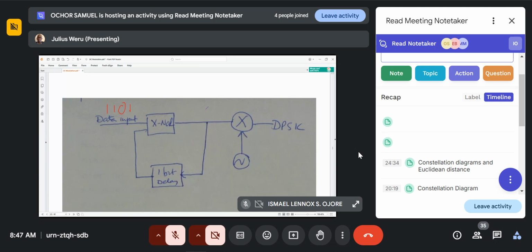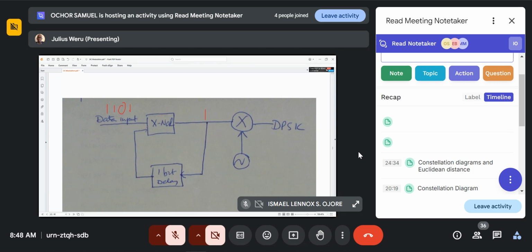So by the time the 0 comes, you are actually combining a 1 and a 0, because this one is delayed by 1 bit.